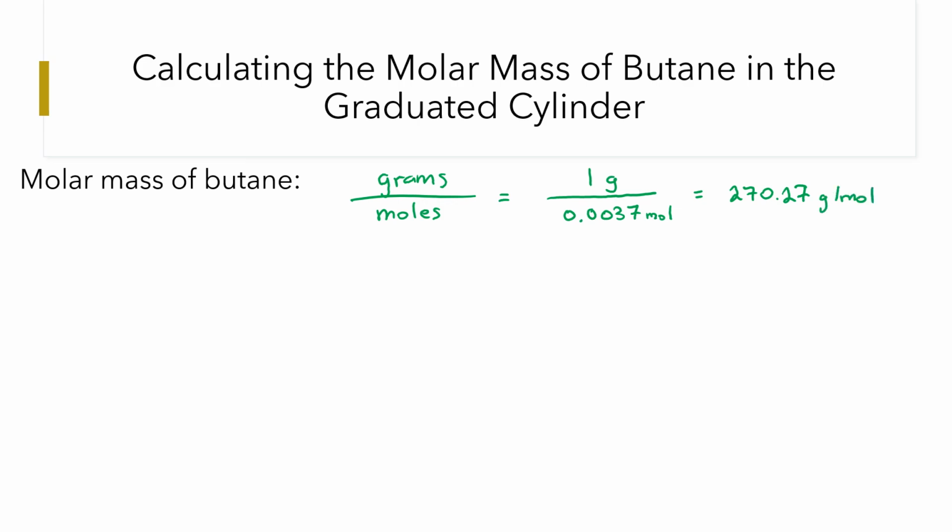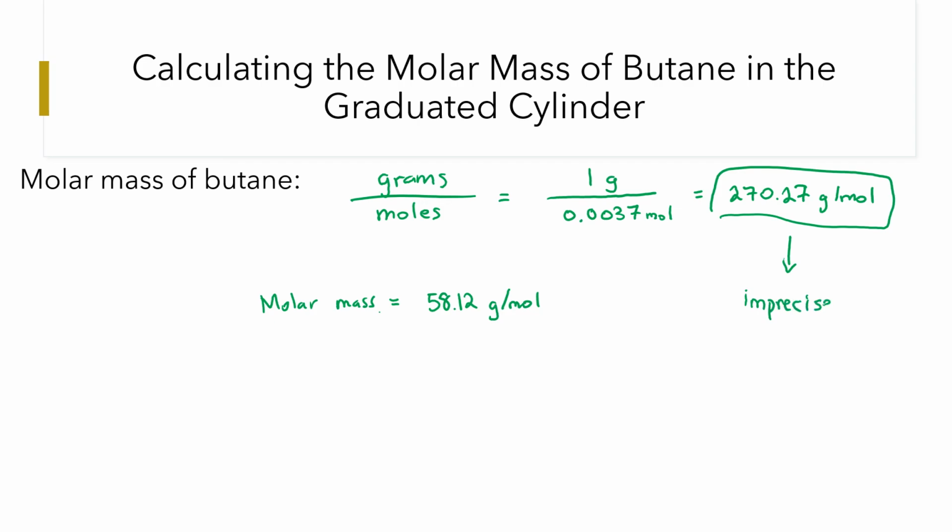So the actual molar mass of butane is much smaller. It is 58.12 grams per mole.